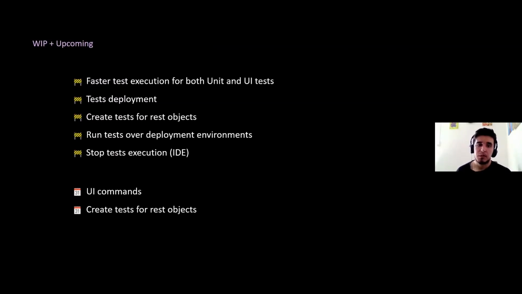Now, as regards what we are working on right now, on the one hand, there are many things that are related to one another, and the idea is to be able to run the tests not necessarily where GeneXus is installed. For instance, if you have QA and you want to run unit tests there, or integration tests as well, you can do the test there.